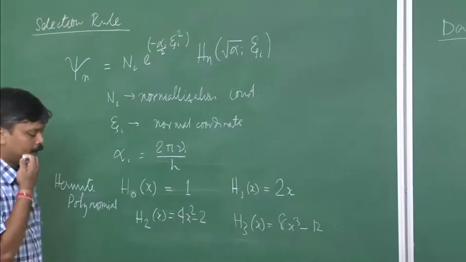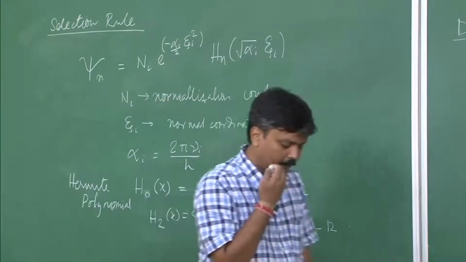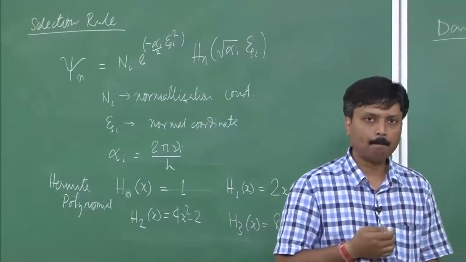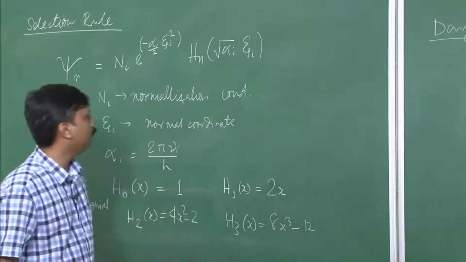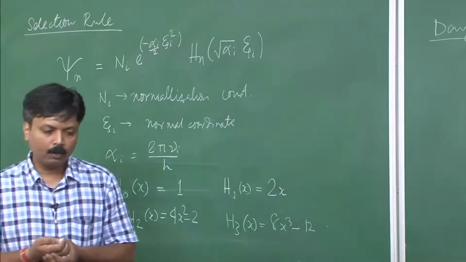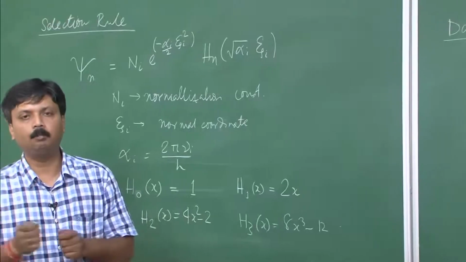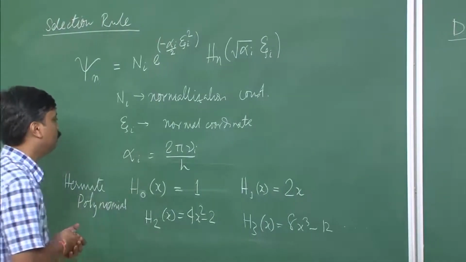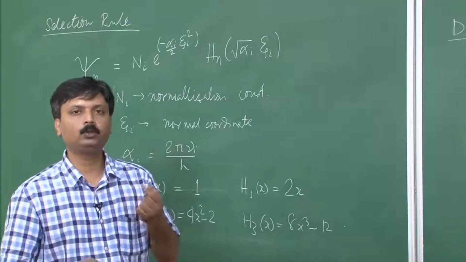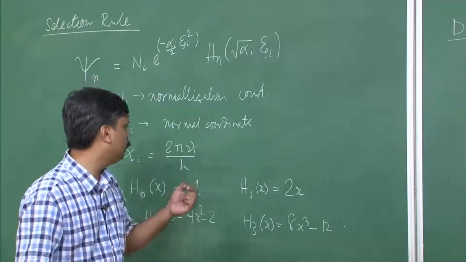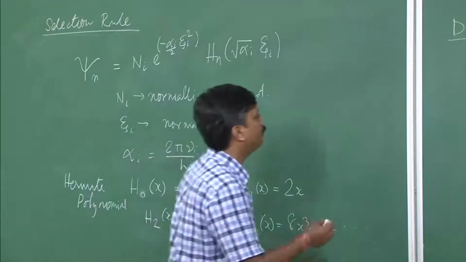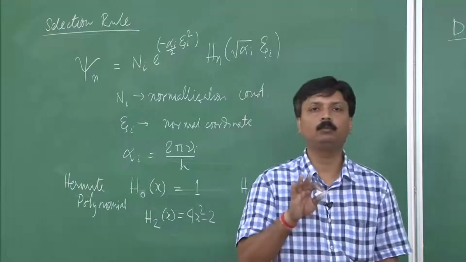Now if I consider n equals 0, okay, and if I have many normal modes having many normal coordinates, then if all of them are at the lowest energy state, that is the lowest vibrational quantum number 0, then I have my molecule in the ground vibrational level.